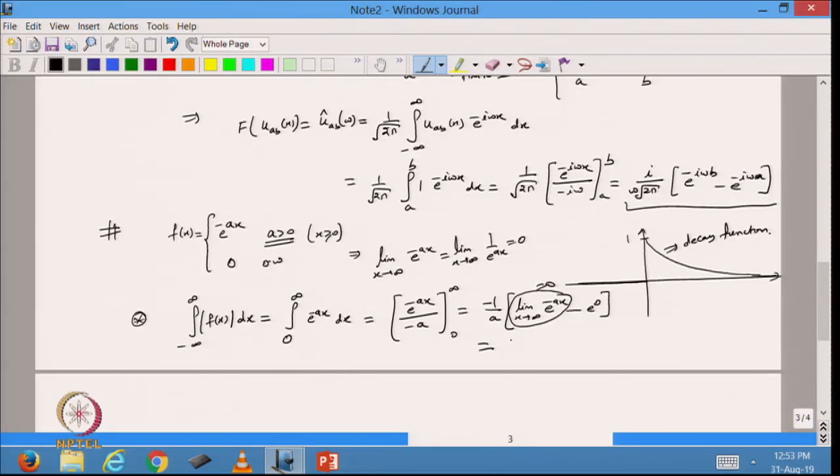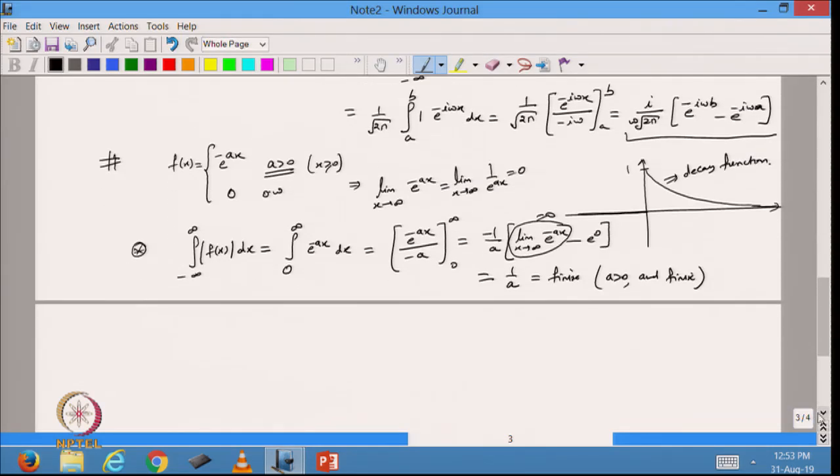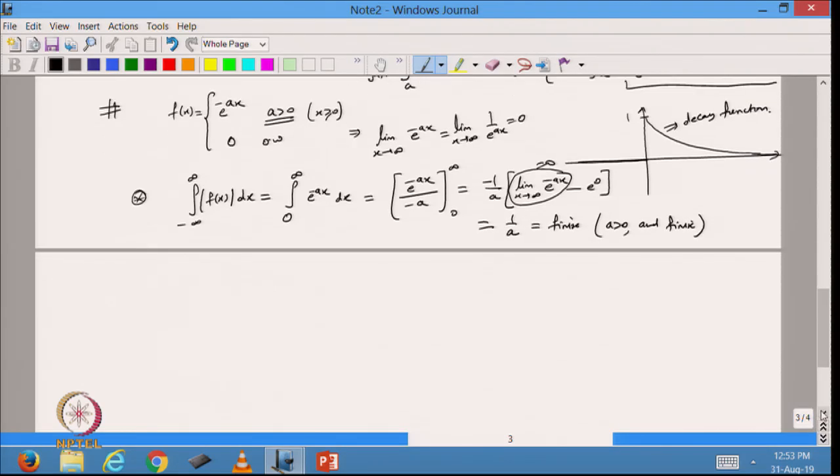So this will be equal to 1 over a, and that is finite because a is positive and finite. I have chosen that a is positive and finite. So this condition is satisfied, and I should be able to take the Fourier transform. So, let us take the Fourier transform of this function.